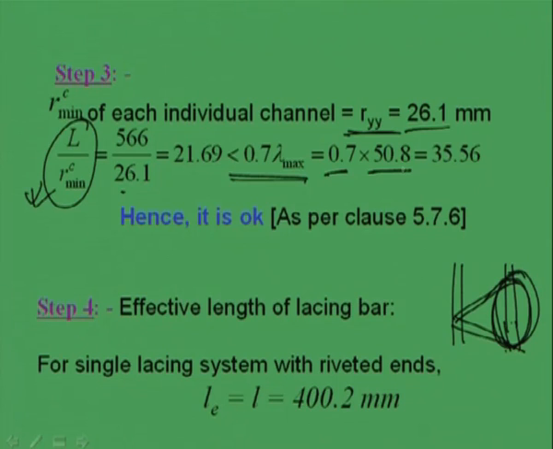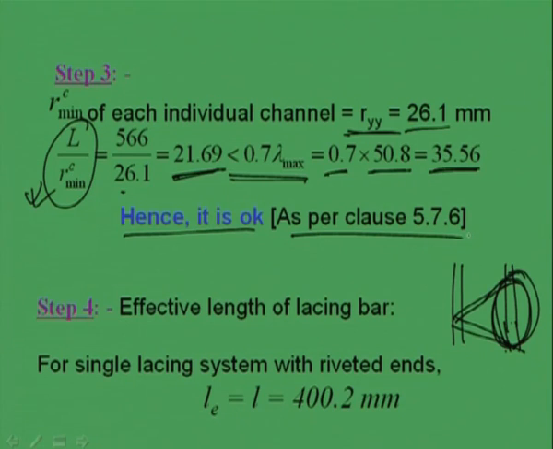Lambda max means the maximum slenderness ratio of the main member of the built up section. So, in this way we are finding L by RC minimum is becoming 21.69, whereas it should be less than 35.56. So, we can say this is okay as per codal provision.